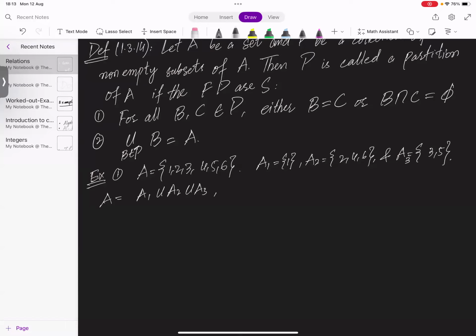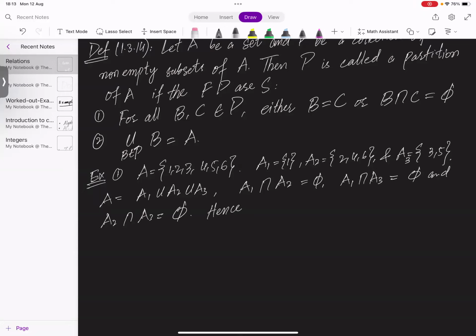Number one: A1 intersection A2 is phi, A1 intersection A3 is also phi, and A2 intersection A3 is also phi.